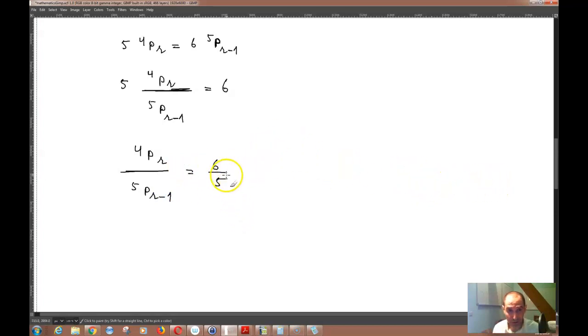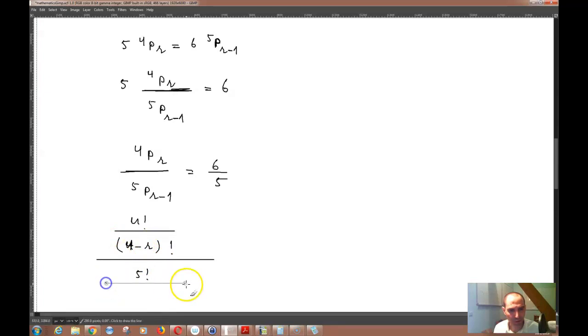Now, to rewrite this, I can rewrite this as 4 factorial divided by 4 minus r factorial, divided by 5 factorial divided by 5 minus r minus 1 factorial.